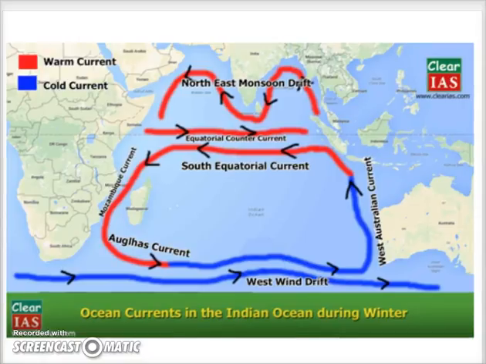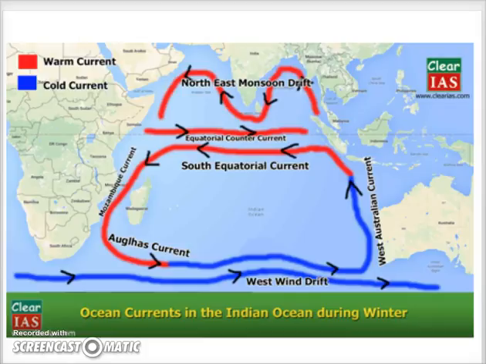Indian Ocean, Northern Hemisphere. During winter, Sri Lanka divides the currents of the Arabian Sea from those of the Bay of Bengal. The northeast monsoon drift flows eastward just south of Sri Lanka, with a counter current flowing between it and the South Equatorial Current.